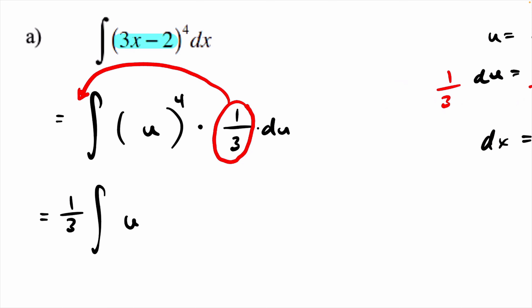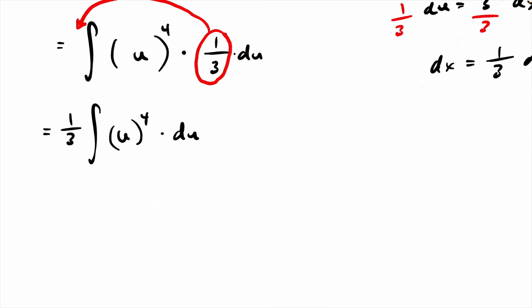So all we're gonna do is multiply a 1/3 times our answer. Now I can use the power rule. Add a power. I need the 1/3 in front, so don't forget about that 1/3. Add a power, divide by the new power.